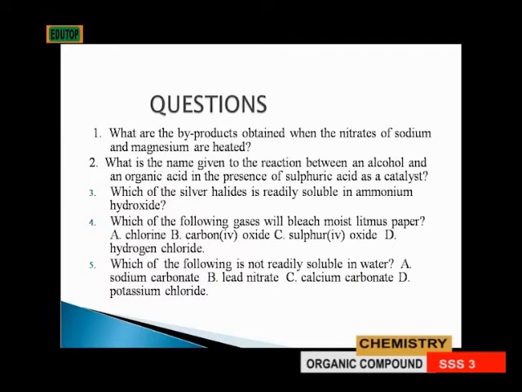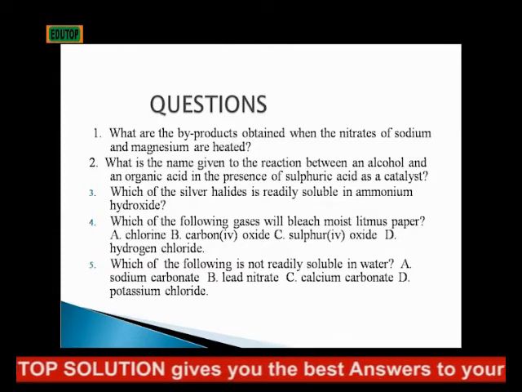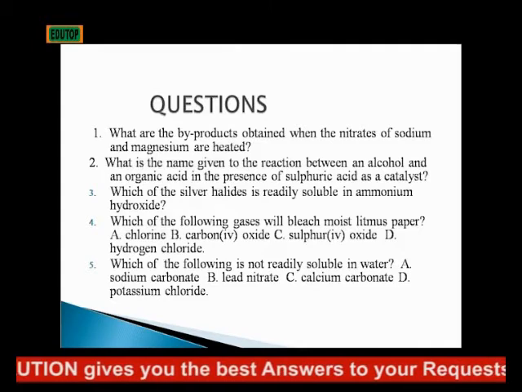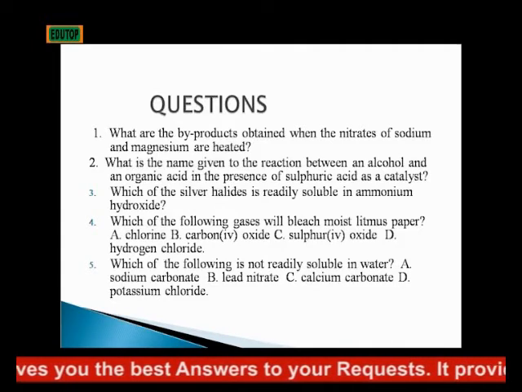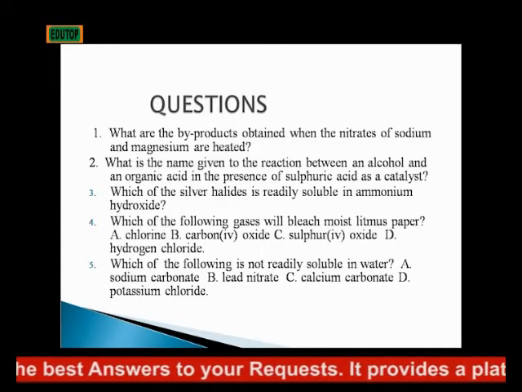Questions. 1. What are the products obtained when nitrates of sodium and magnesium are heated? 2. What is the name given to the reaction between an alcohol and an organic acid in the presence of sulfuric acid as catalyst? 3.